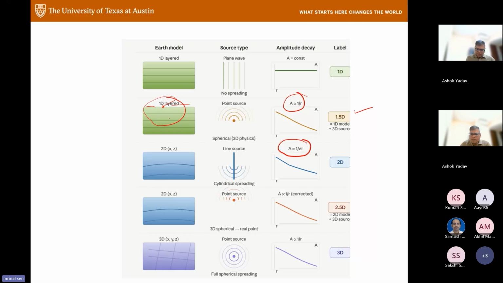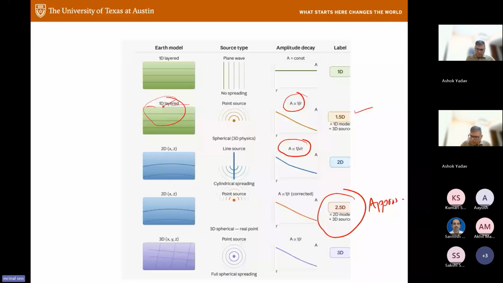So that means you have to either correct your algorithm to handle 3D spreading and the t to the power minus half decay, or apply the correction to your data so that it becomes 2.5D. Okay, so 2.5D would mean point source in 2D, which is not exact. Okay, this is approximate.